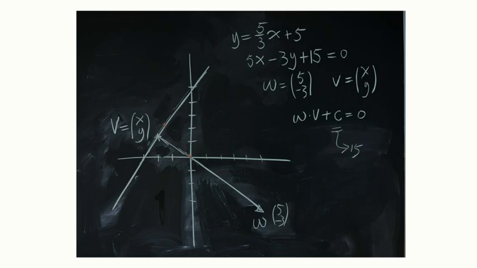When y is 0, x will be -3. So we just rewrite this into that form: 5x minus 3y plus 15. This and this are the same.